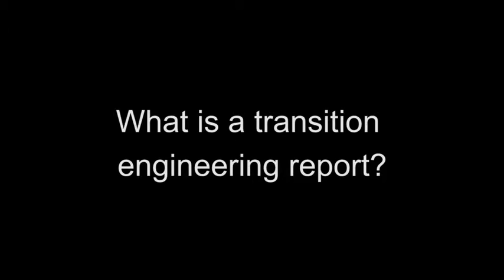The board usually has an attorney on staff, but the first step is to do a transition engineering report. And what is a transition engineering report? It is when a builder builds a building and conveys that ownership to an association or a board.